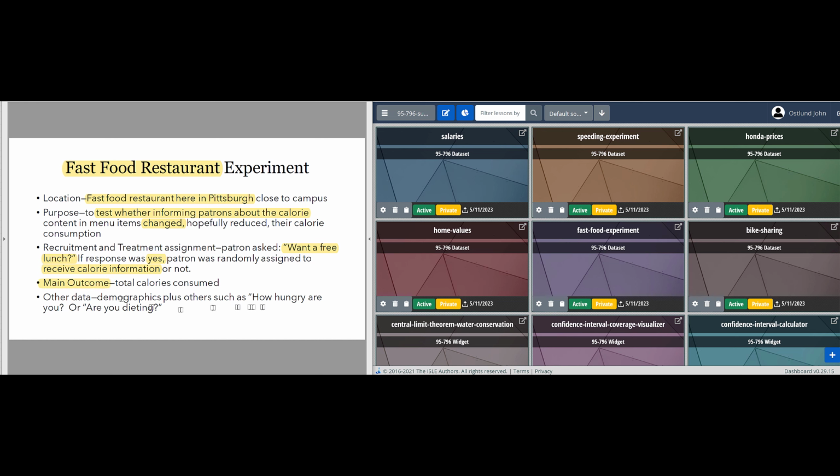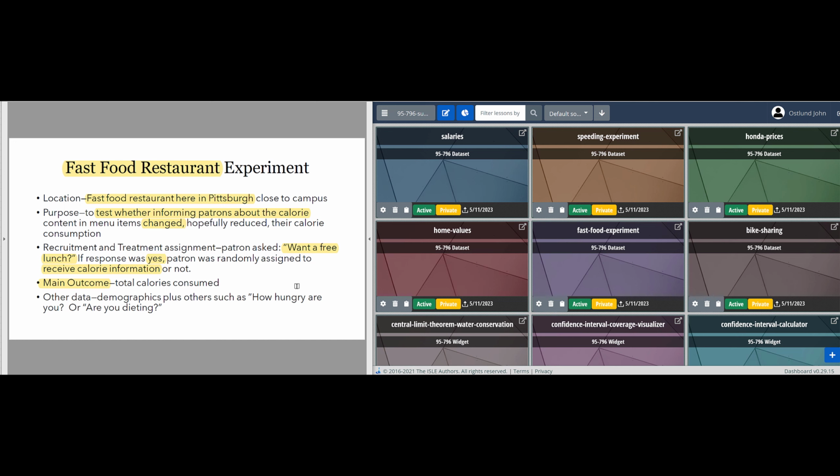Then we, or the people who did the study, would analyze the lunch that each person bought, and based on information from the store, they would be able to know what the total amount of calories was that each patron consumed. Okay?